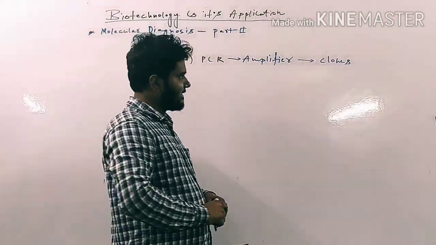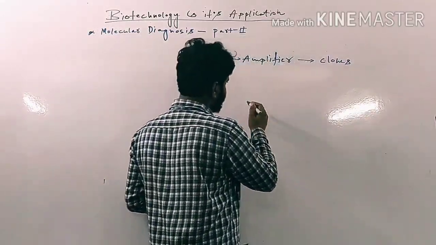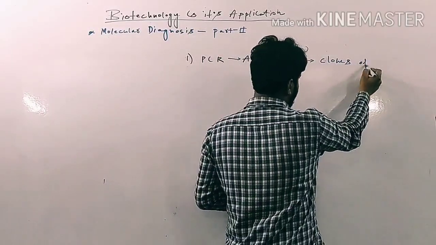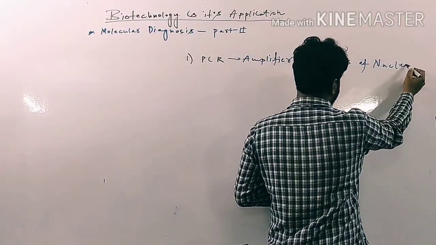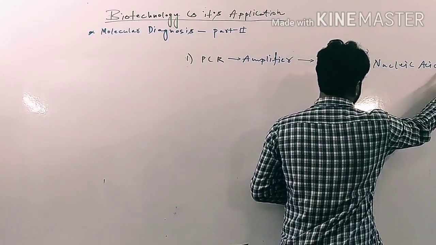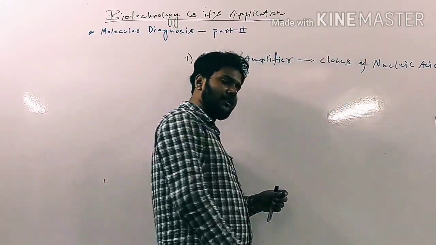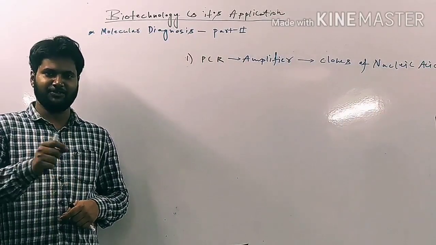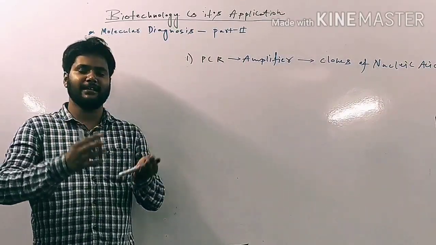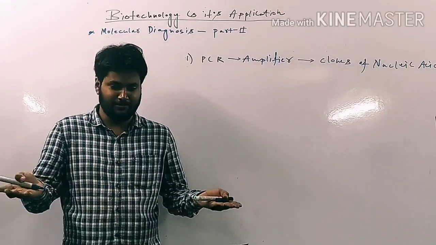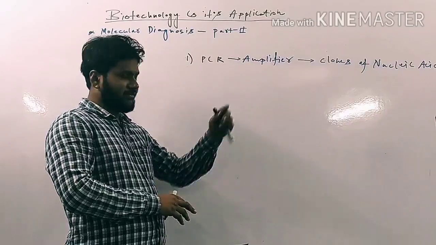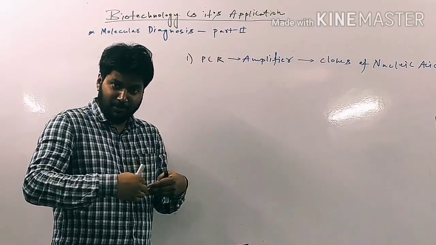In most cases, PCR is used to make clones of nucleic acids, DNA or RNA. If you give a small piece of DNA or RNA into the PCR system, then PCR will multiply it into billions of copies within a short time. So the main role of PCR is amplification of nucleic acids.